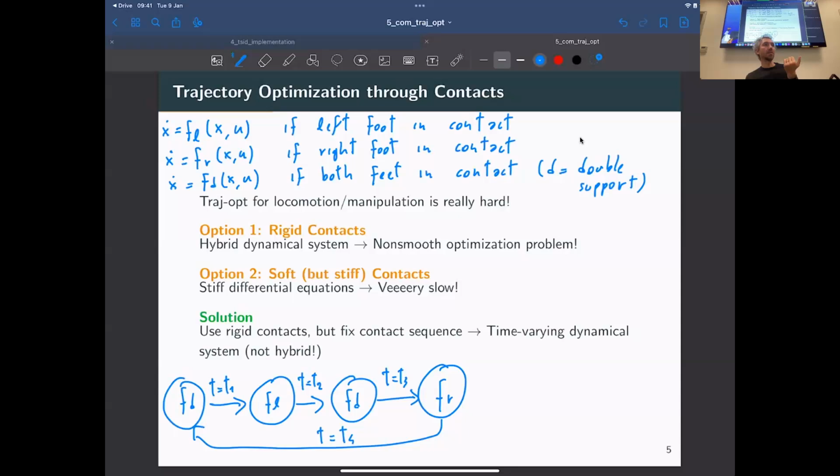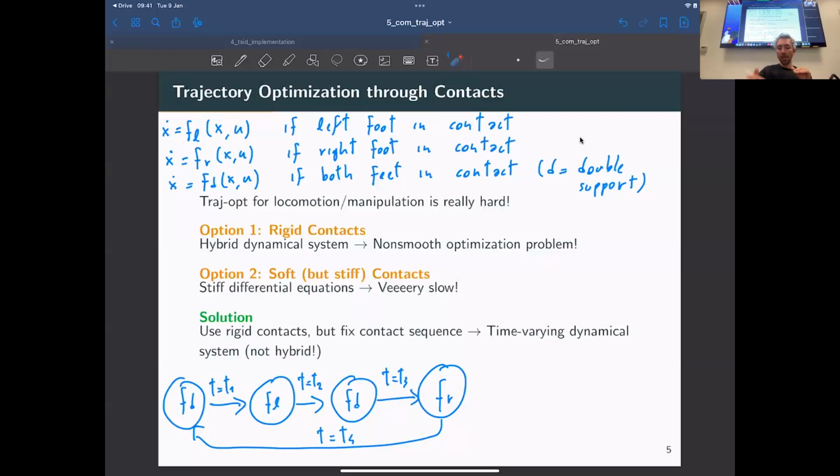So we could imagine, maybe to make things a bit simpler, that we don't have jumps even in the states trajectory. So the trajectory is always differentiable, and you can get that just by imposing that at the end of this time, when you're switching from just left foot to double support, you need to have your right foot, which is on the ground, with a zero velocity, to avoid having a jump in the state.